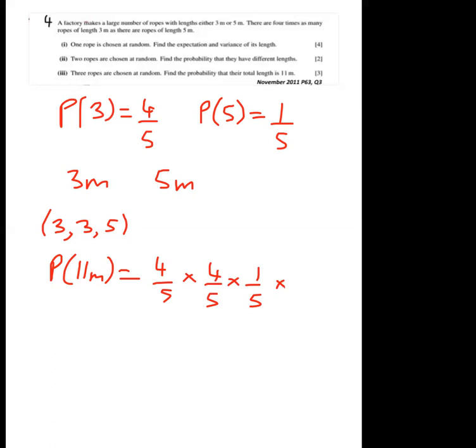Now for arrangements, there are 3 objects that we have to arrange, but 2 of them are repeated, so we'll divide 3 factorial by 2 factorial. This will be 3. So the answer is coming 16 upon 125 times 3, which is 48 upon 125.